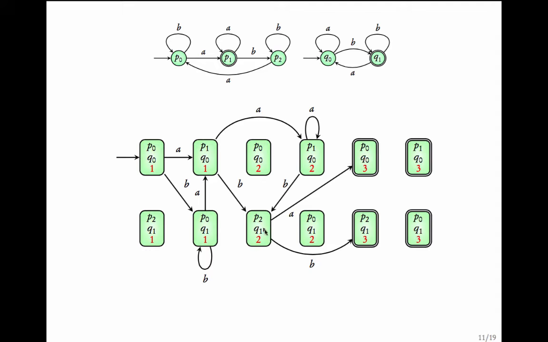The top component talks about the first automaton and the second component talks about the run of the second automaton. Look at the run P0, P1, P2, P0. So we have seen an accepting state of 1. Look at the second component Q0, Q0, Q1, Q0, and Q1 is an accepting state. So we have seen an accepting state of the second component as well.